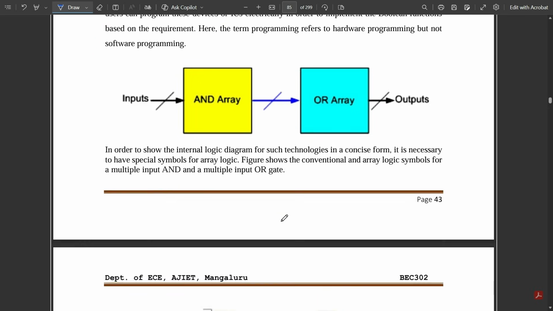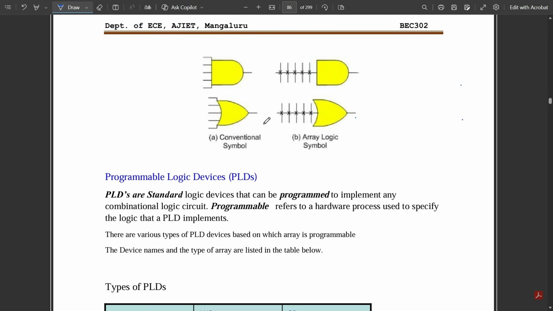Now this is the symbol for PLDs. These are the conventional symbols used to represent the AND array logic and OR array logic. You see here, this is for the AND array, this is for the OR array, and this is for the array logic. This is the conventional symbol, and here is how the array logics are represented for these five inputs. You see here, totally there are five inputs for these two gates, right?